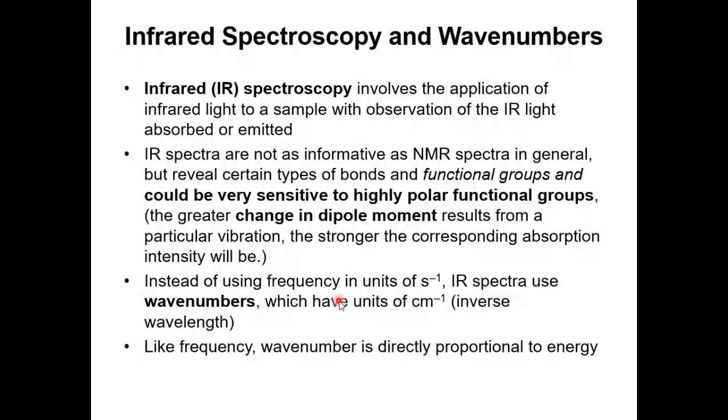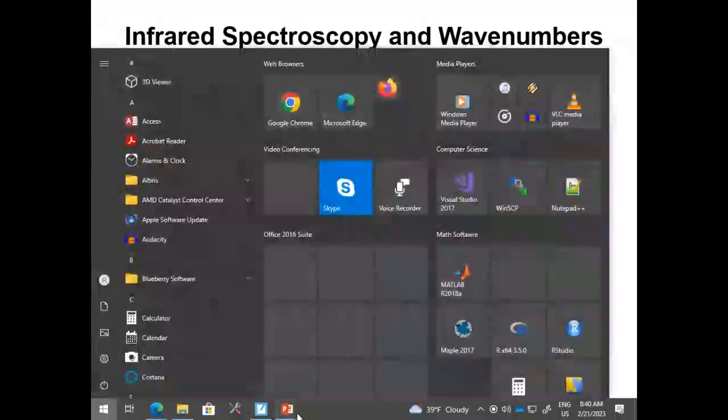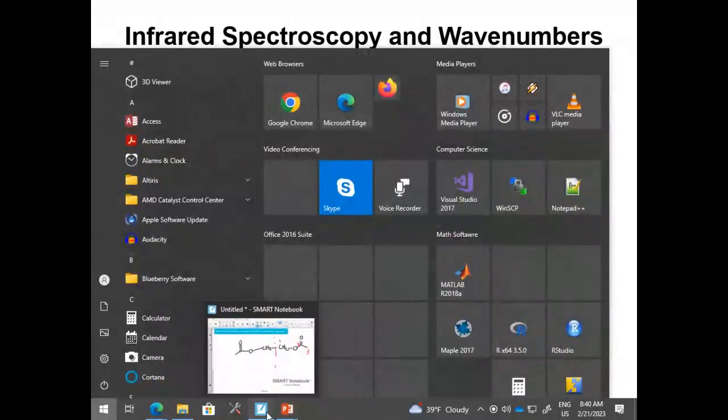So if during a vibration you have a greater change of dipole moment, then that vibration is going to have a strong ability to absorb infrared photons. I'll give you some examples.